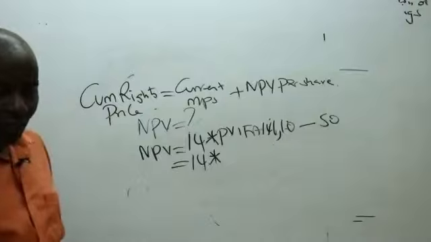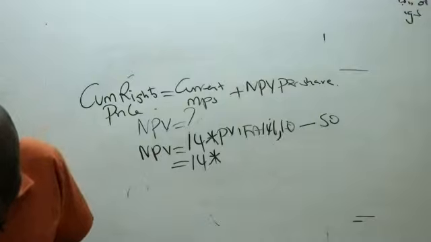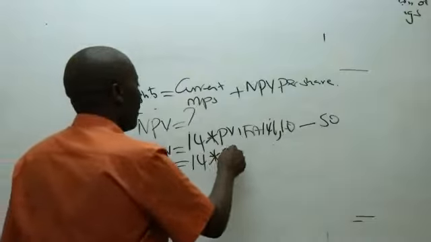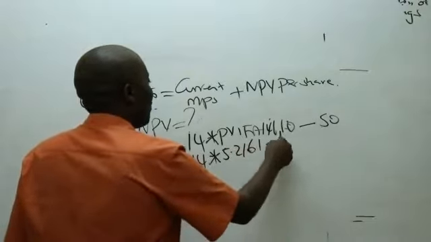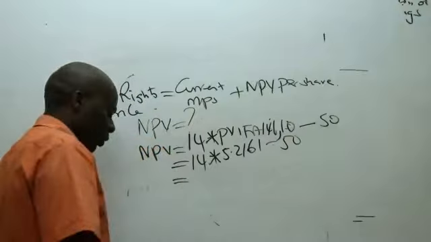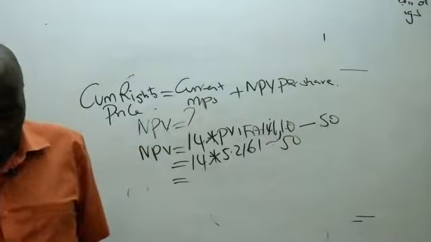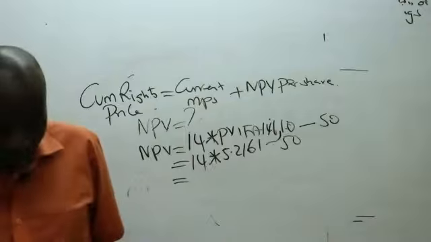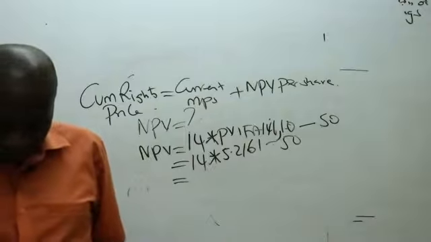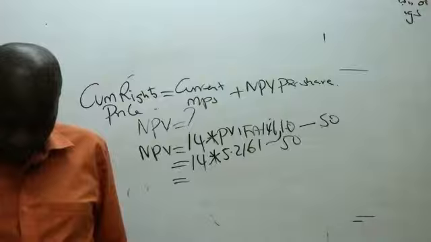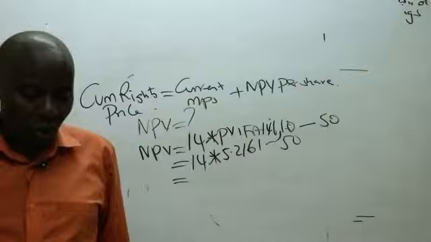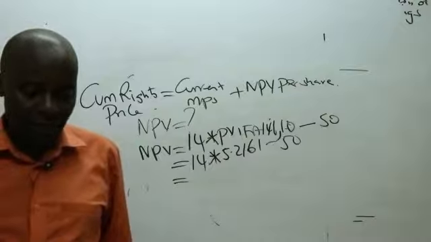Ladies and gentlemen, if we have this, what figure is it? 5.2161. We have here 5.2161 minus 50. And if I do that, I'll be able to get the total net present value.